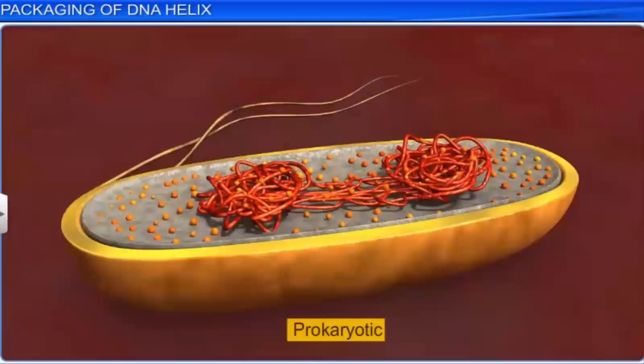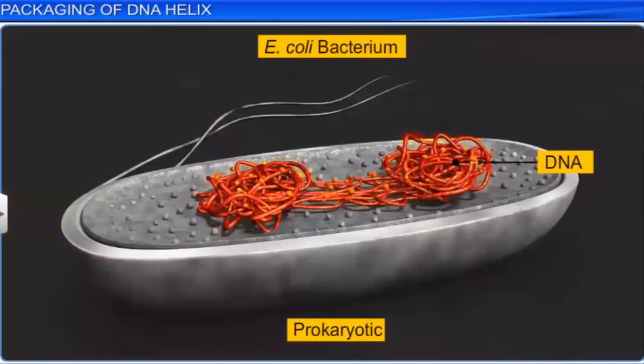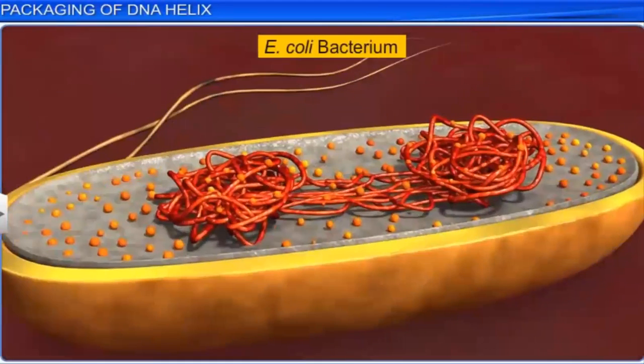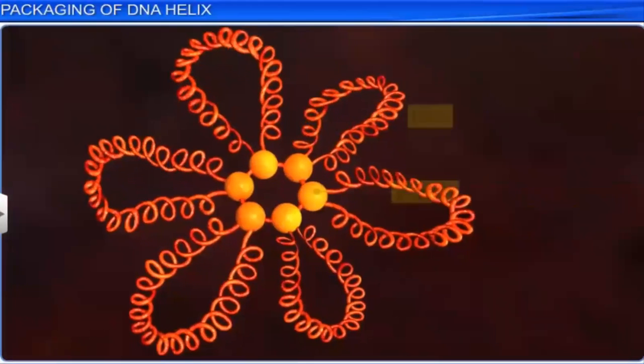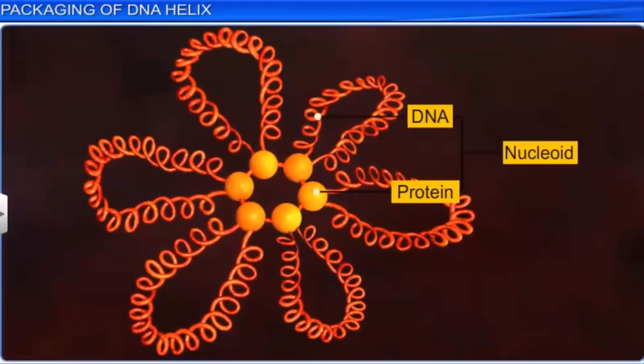In prokaryotes such as E. coli, the nucleus is not very well defined. However, the negatively charged DNA is not scattered throughout the cell, but is arranged in large loops, held together by a few positively charged proteins in a region known as the nucleoid.